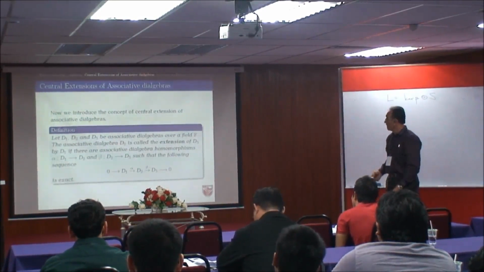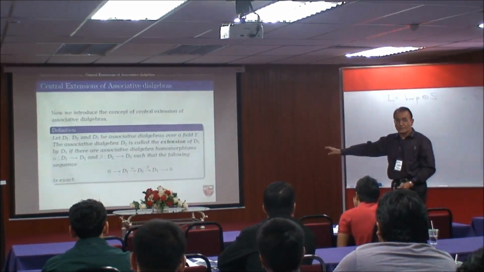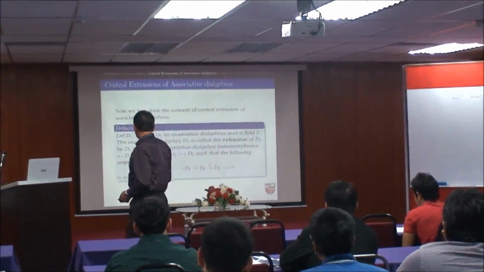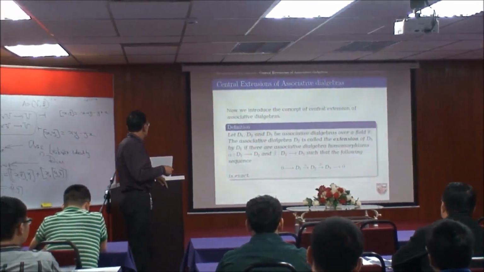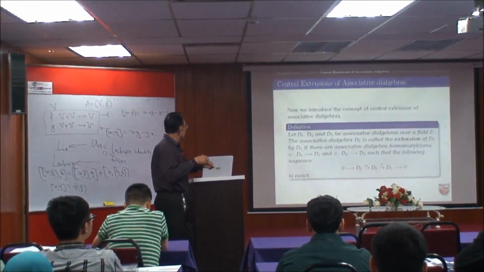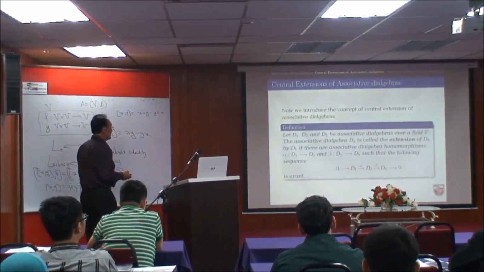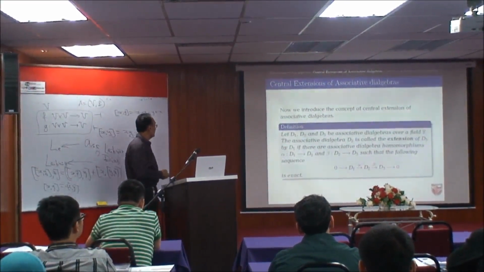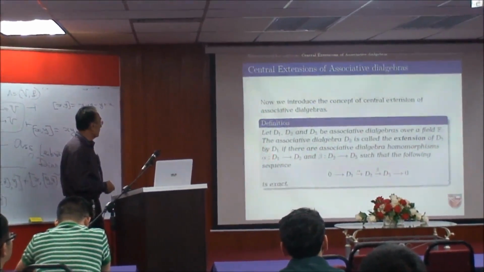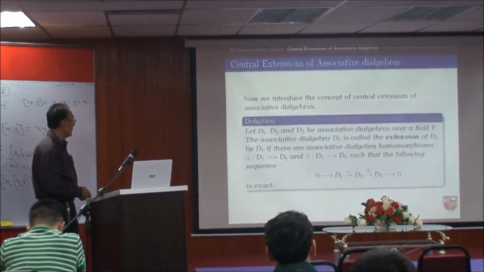Then, no more on Leibniz or Lie algebras. I will talk now about associative dialgebras. Okay, so we have now three associative dialgebras, D1, D2, D3. D2 is called the extension of D3 by D1 if there are associative dialgebra homomorphisms alpha and beta such that this sequence is exact.